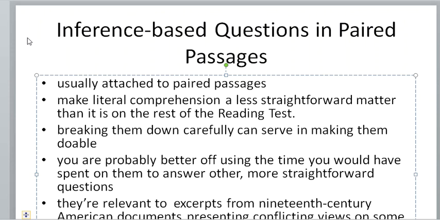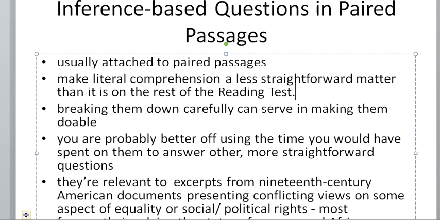Now let's get into inferencing and questions that are associated with paired passages. We're going to talk about these two simultaneously, at the same time. Usually these types of questions are attached to paired passages.